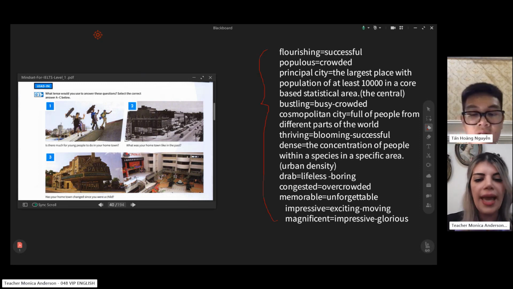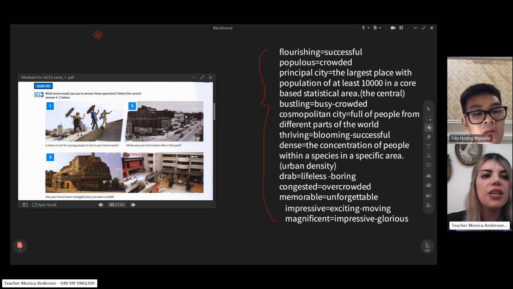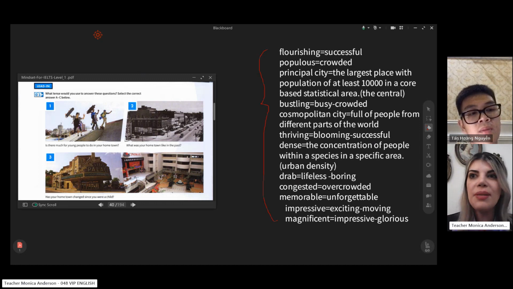Profitable is an adjective that comes from profit. It means money-making. For example, when you live in a city that is really successful, you can have your job and earn your money. So this means profitable.